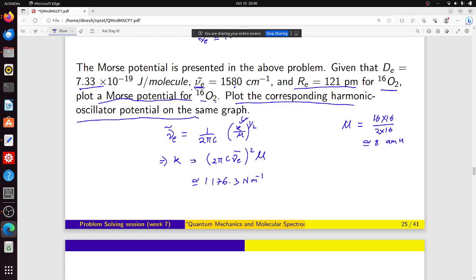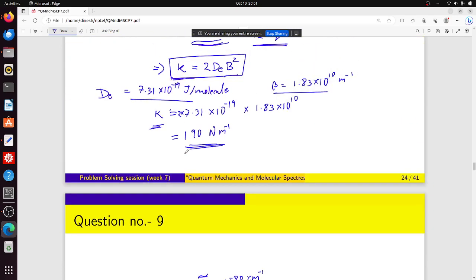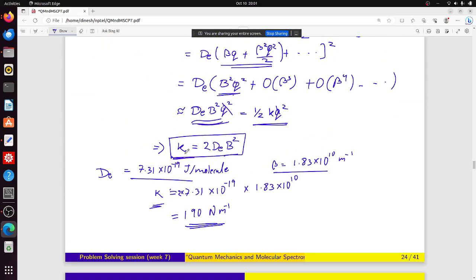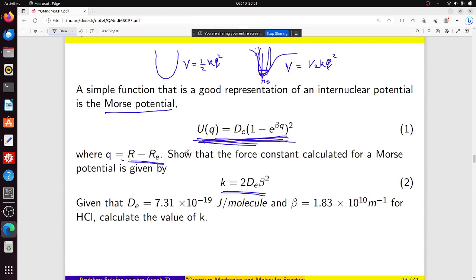So nu E tilde was given, and from that we got the k value. If we got the k value, then what can we do? So what was the equation? We got the k value and the D value is given.